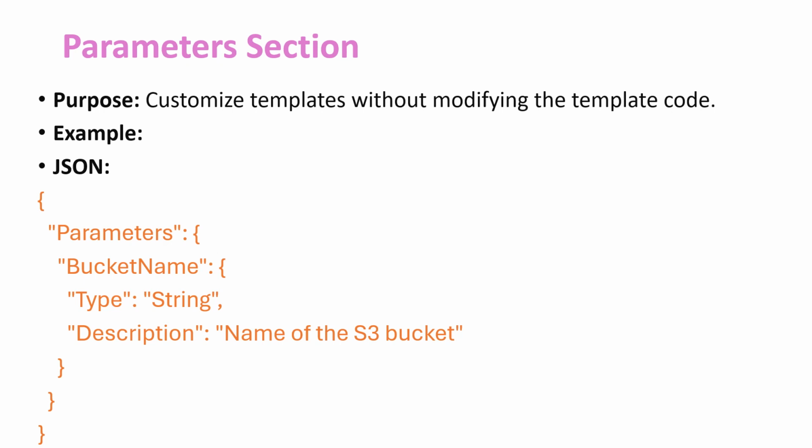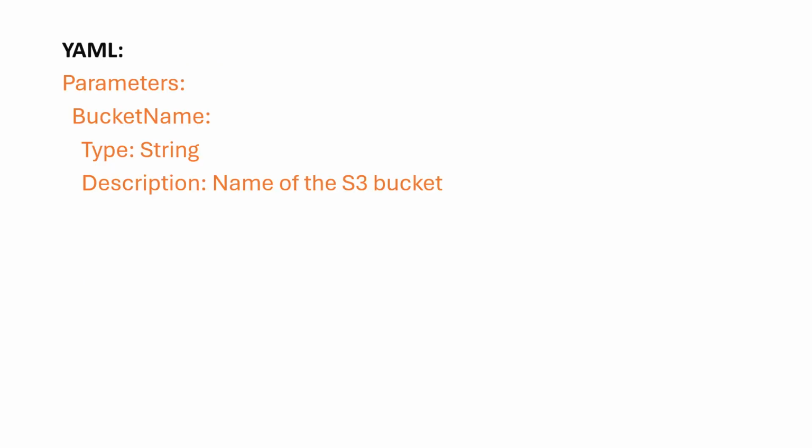Inside parameters, BucketName, type, string, description, whatever description you want to give, name of the S3 bucket. For YAML, the syntax is like this: parameters, BucketName, type, string, description, whatever description you want to give, name of the S3 bucket. This defines a parameter named BucketName that accepts a string value.